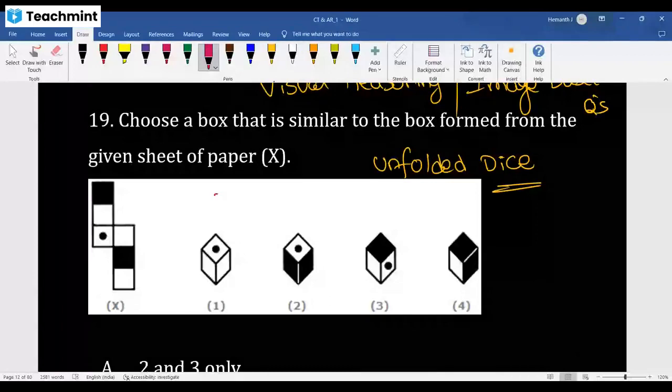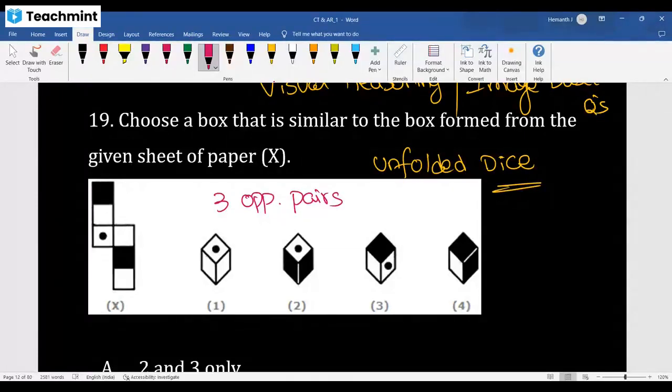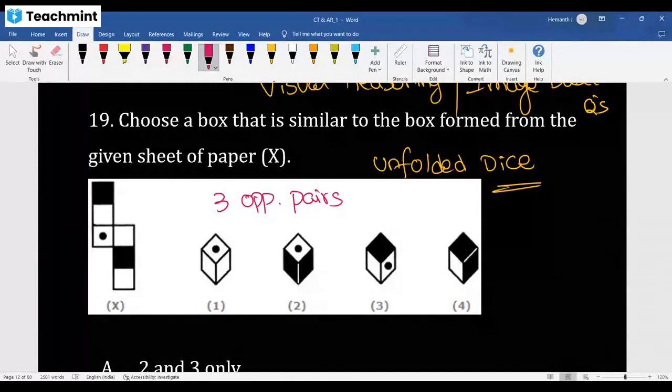In dice, we have three opposite pairs, total 6 sides. If you sit in your room also, your front and back, your left and right, your top and bottom are three opposite pairs. Like that in a die or any box. Now what is the opposite pair?